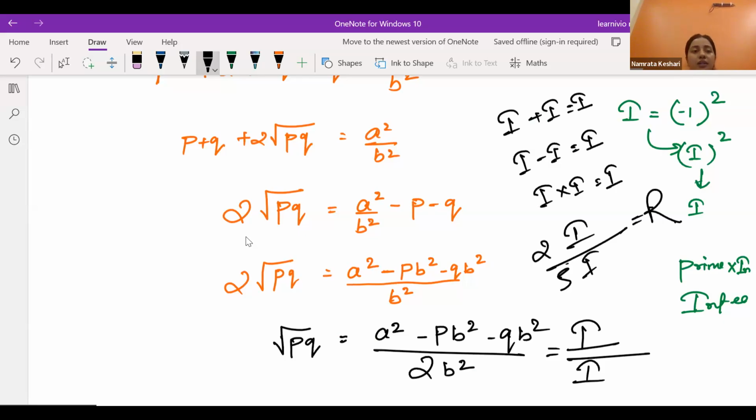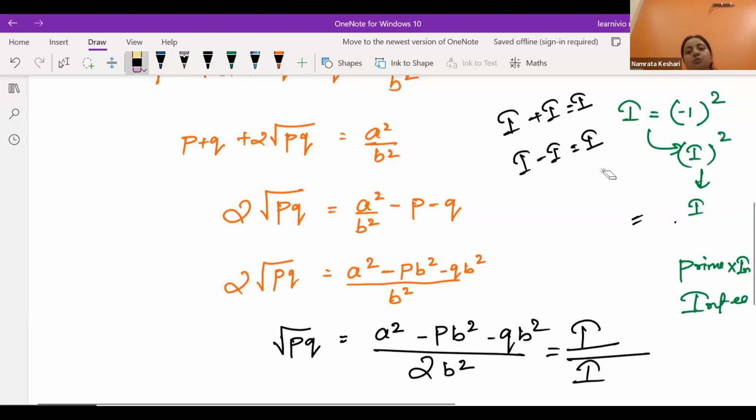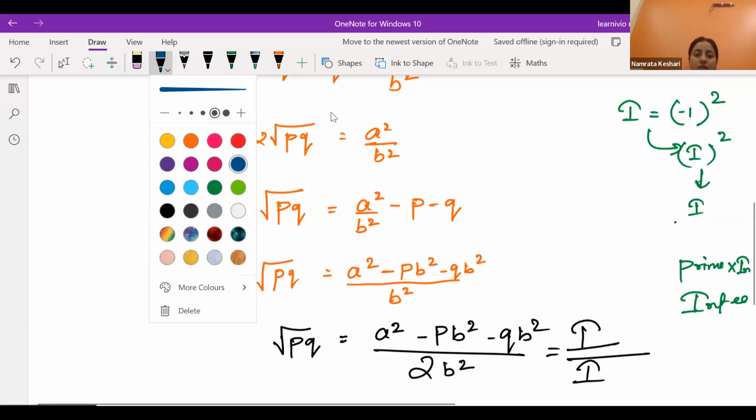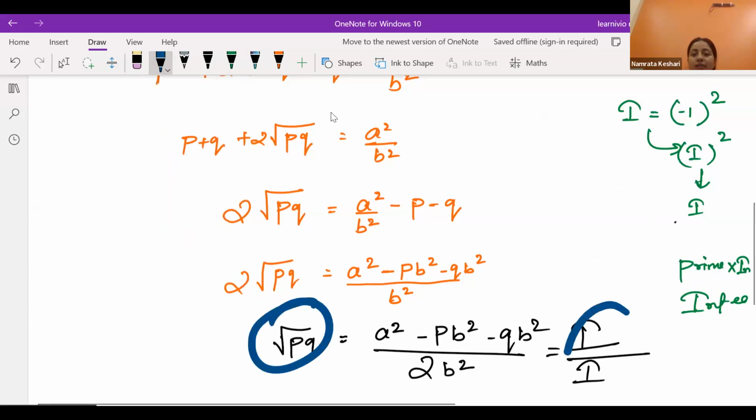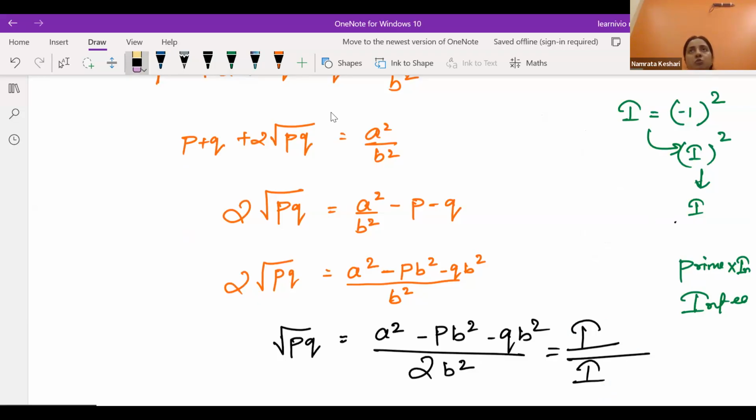So integer by integer is rational, but the left side is irrational. Irrational is not equal to rational, hence our assumption is incorrect. On the left side we have irrational, on the right side we have rational. Our assumption is completely false. Hence root p plus root q is irrational. Getting it?